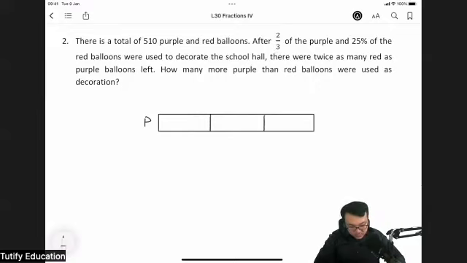Okay, we already have 3 units here. Then 2 out of 3 are being used for the decoration. So how many units is left? 1 unit. Yes, so this is left. And these 2 units are being used for the decoration, right?